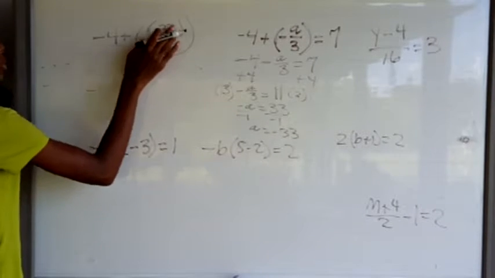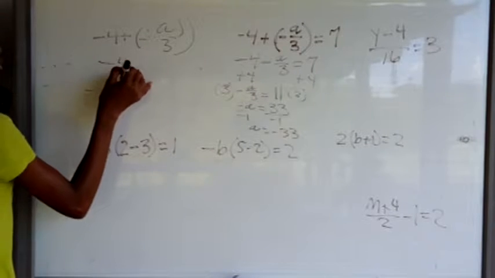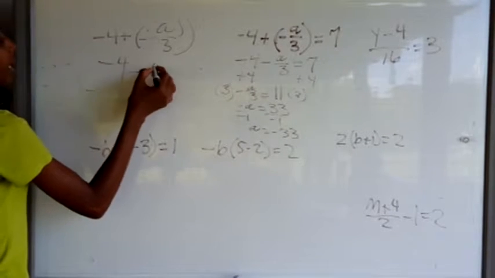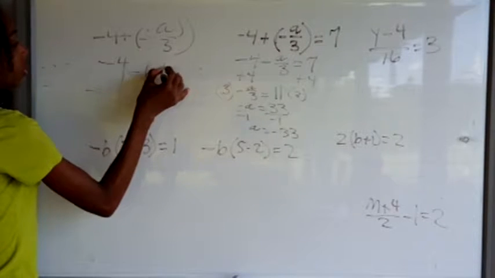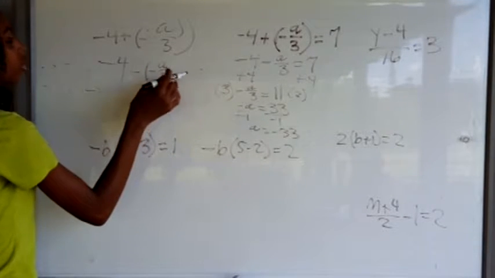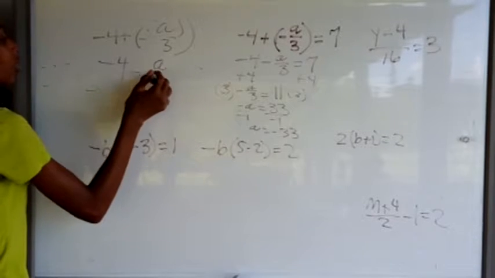Alright, so let's say we had negative a over 3, and we rewrote it as negative 4 minus a over 3.